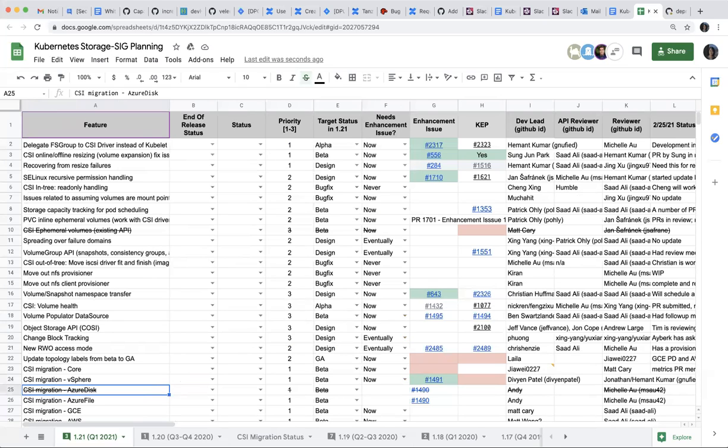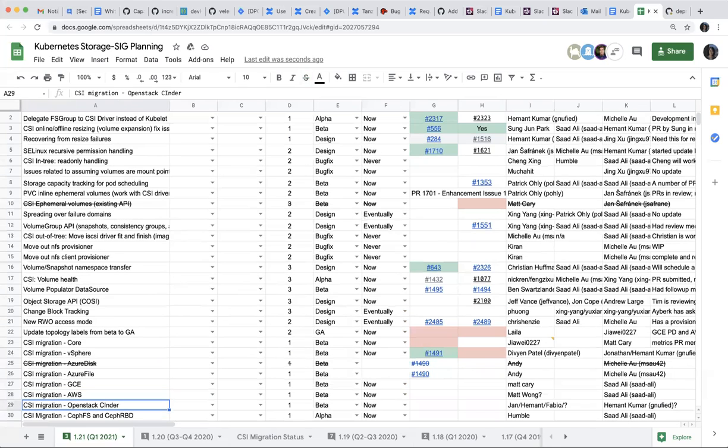Next one, this one is crossed out, and Azure File. Okay, so Java, you want to talk about this one? For Azure Disk and Azure File, I asked Andy, and he said the plan is to enable it by default in 1.22 in open source, and GA migration in 1.23, both for Azure Disk and Azure File.